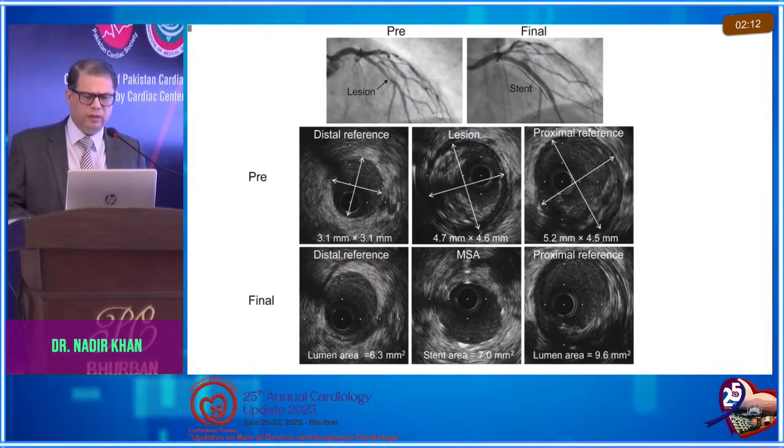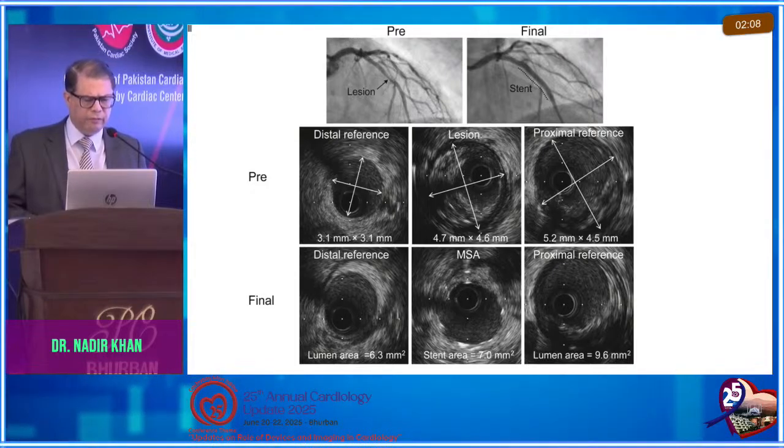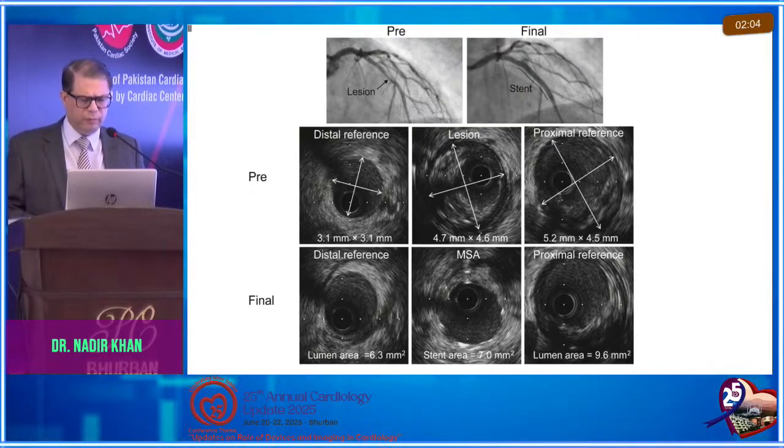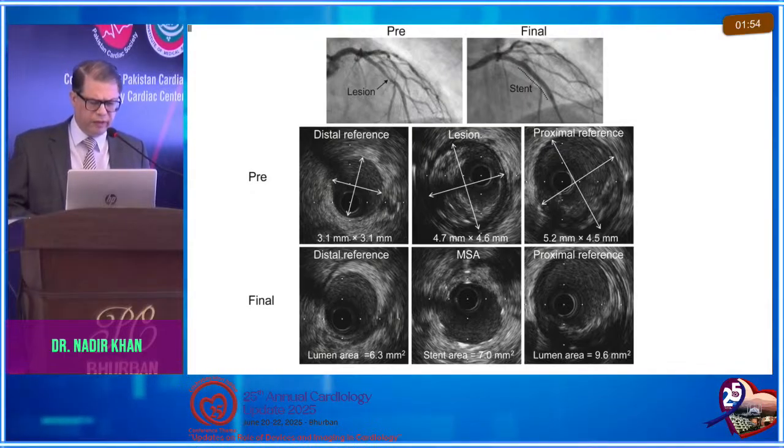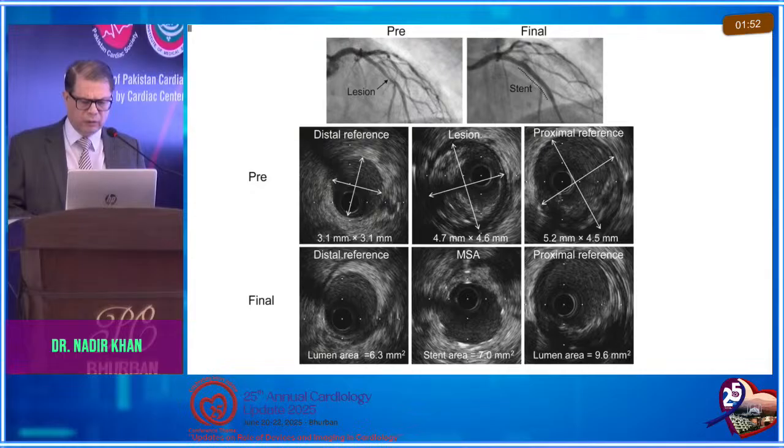Here you can see angiographic as well as IVUS images. The distal reference is around 3 millimeters, at the lesion it is more, and the proximal reference is around 5. You can see finally the lumen areas are quite adequate after the stenting.